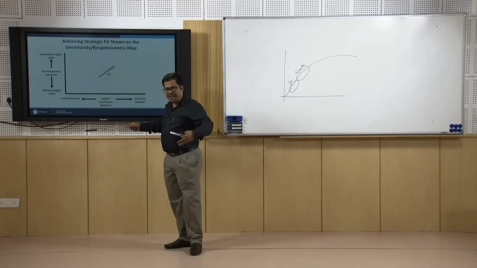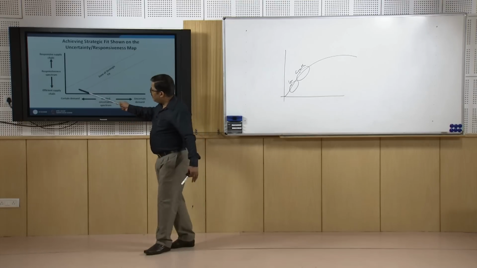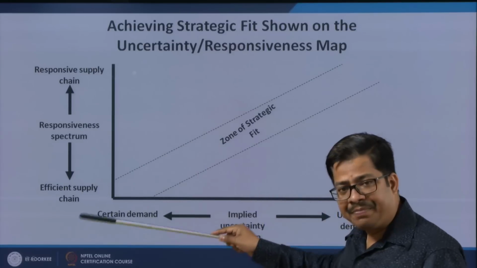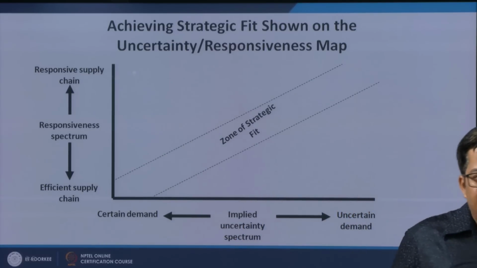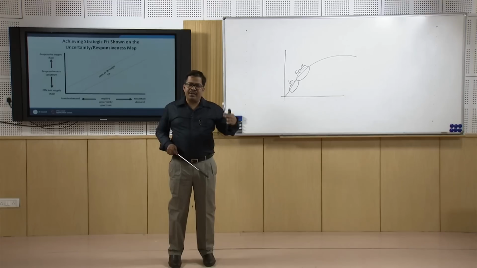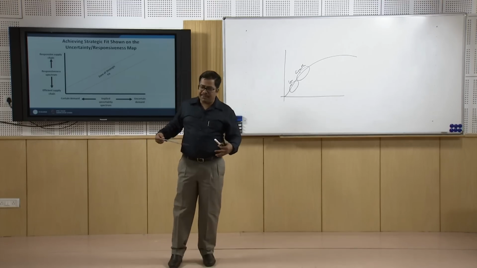It became a commodity type of product, and when it became a commodity, we were looking to change from responsive to efficiency, and Maruti did that wonderfully and developed its network throughout the country to provide more efficient solutions with respect to their supply chain.